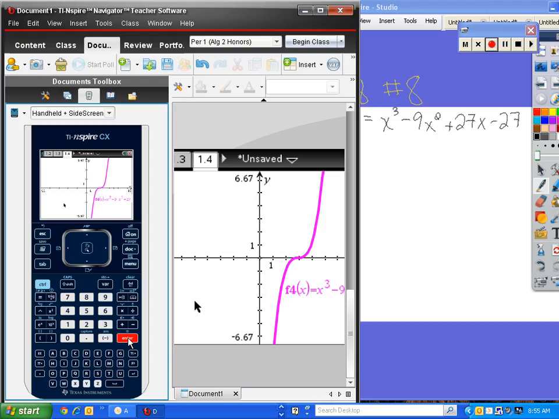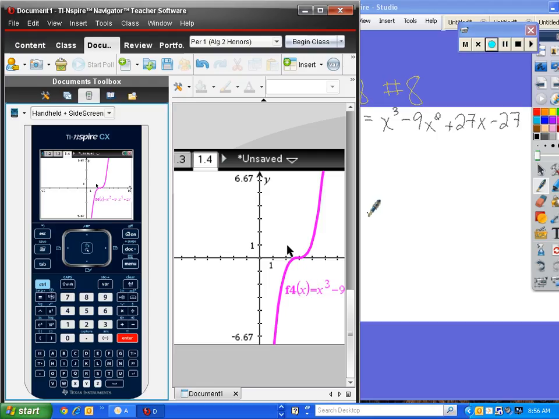Naquan, can you tell me what my 0 is here? You can just look at it. Where does it cross the axis? Where does it cross this axis? It does look like a 3, doesn't it? It looks like it crosses a 3, and we're going to see if that's a factor, okay?